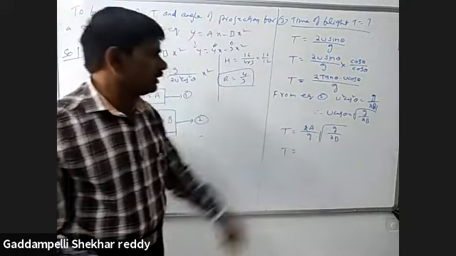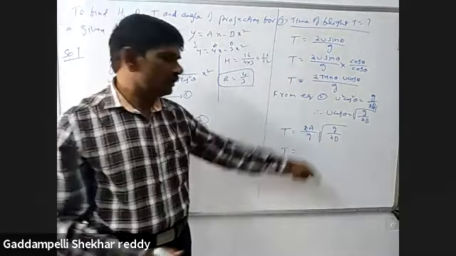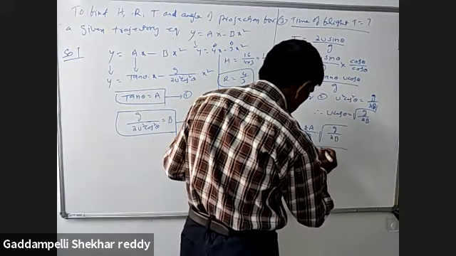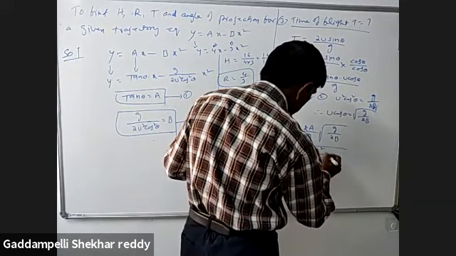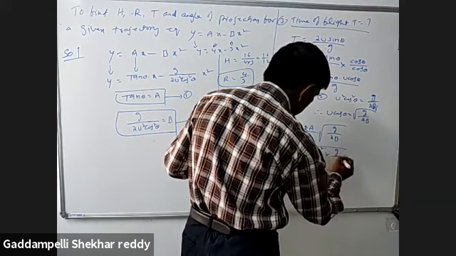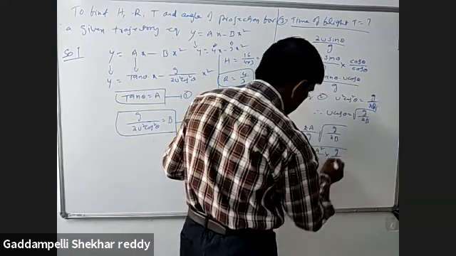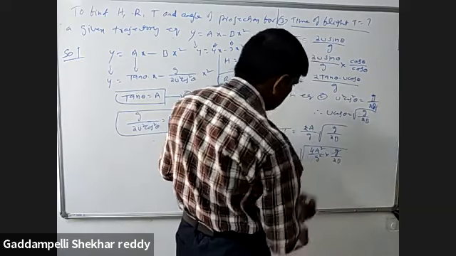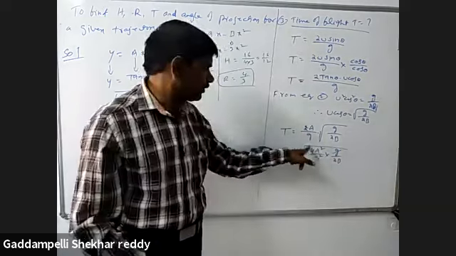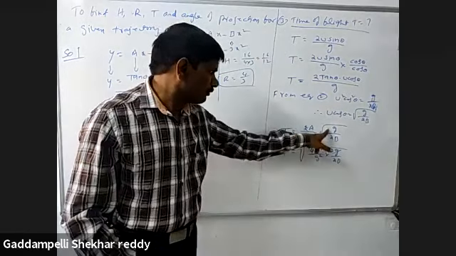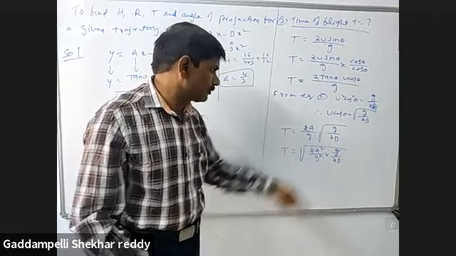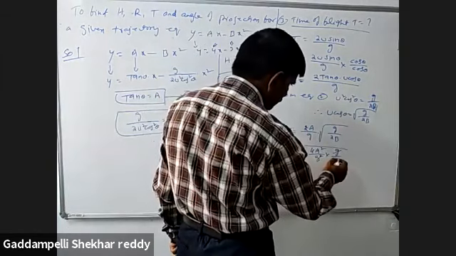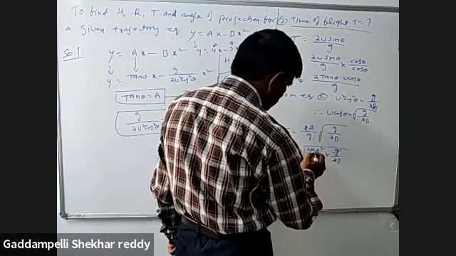So 2a by g, transferring inside the root, is 4a square by g square into g by 2b. In g, the square gets cancelled; in the numerator g is already there, so g and square get cancelled, and 2 cancels.